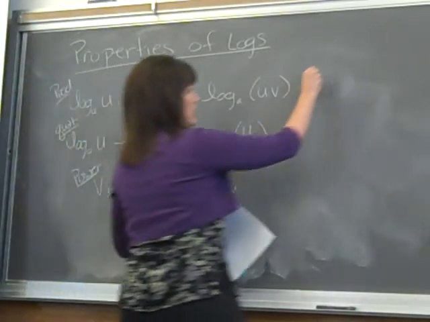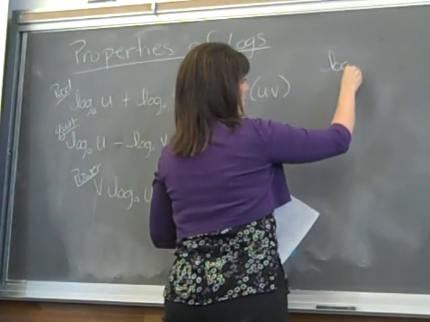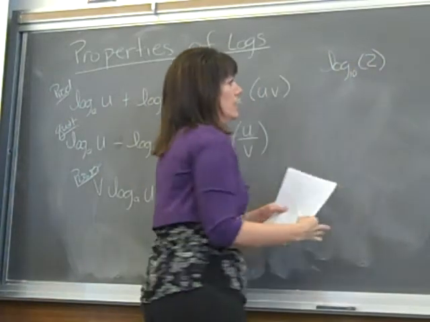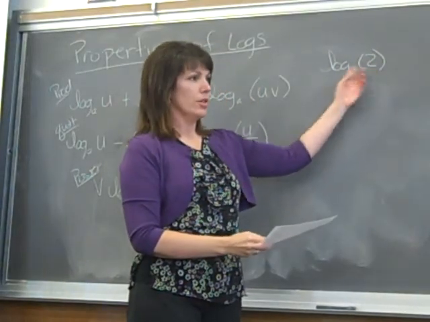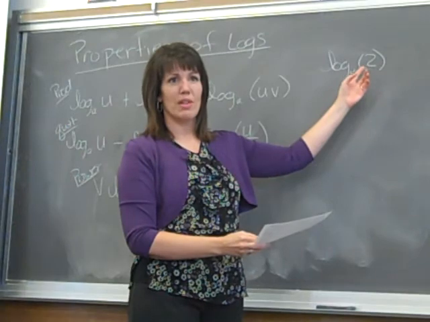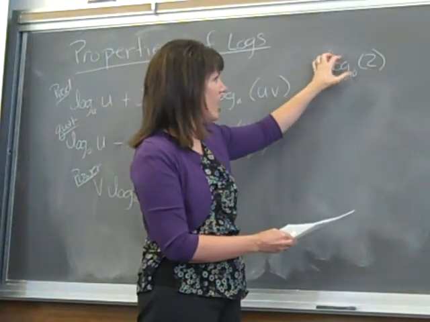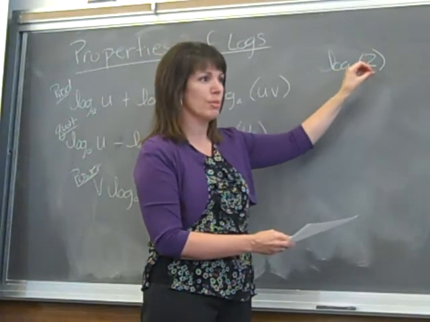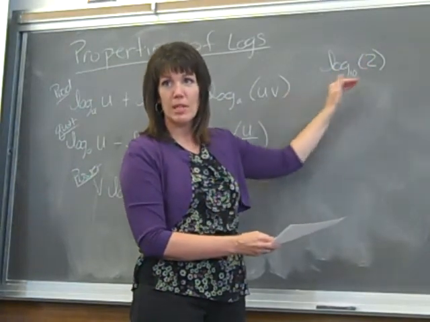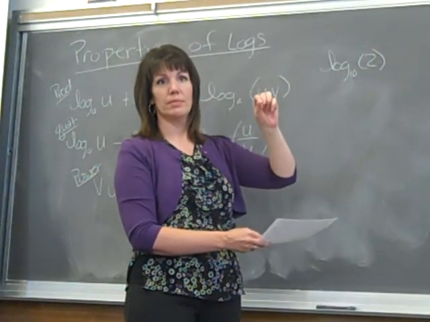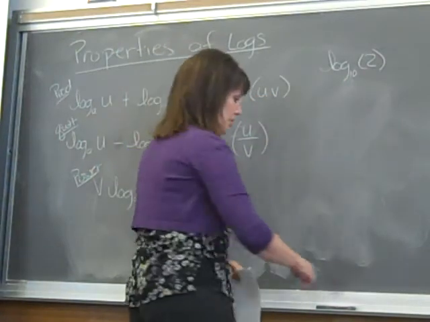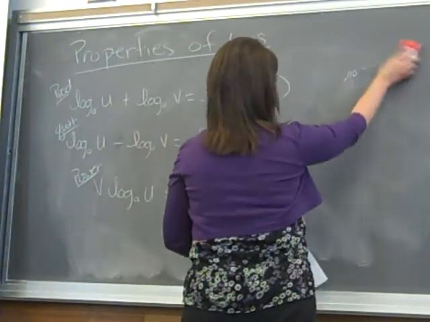So this is what it could look like: log base 10 of 2. 2 is not the number. Log base 10 of 2 is the number. Some students want to separate this log 10 as something, and then this 2 is a number. But it's not. Log base 10 of 2 is a number. And I'll show you more in a minute.